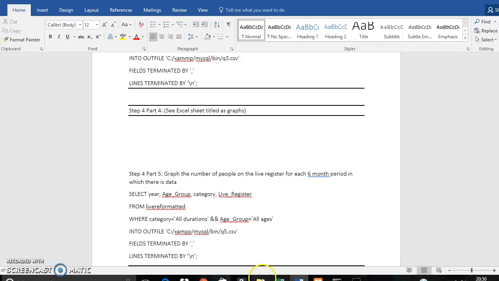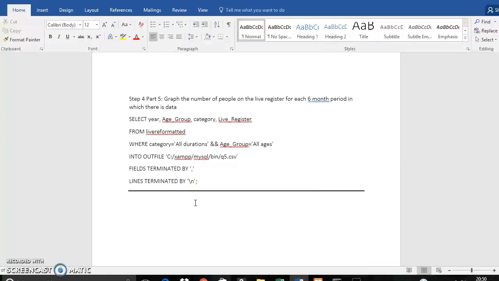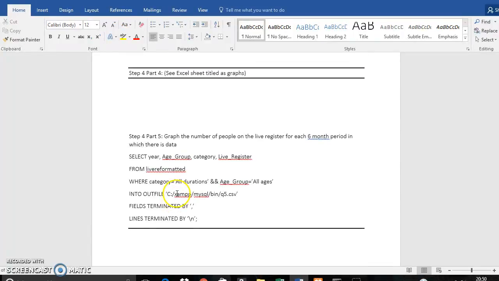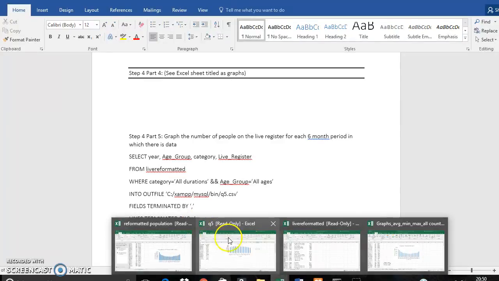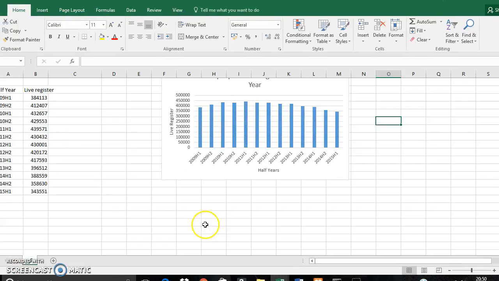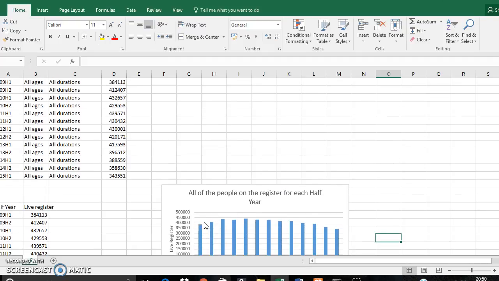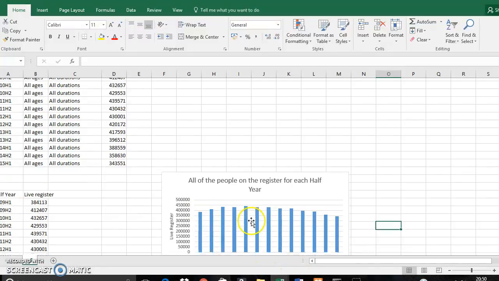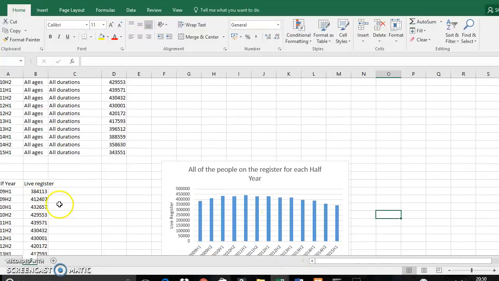And then for part 5, I have graphed the number of people on the live register for each 6-month period. Here we are, question 5, all of the people on the register for each half year. So there we go, half year live register.